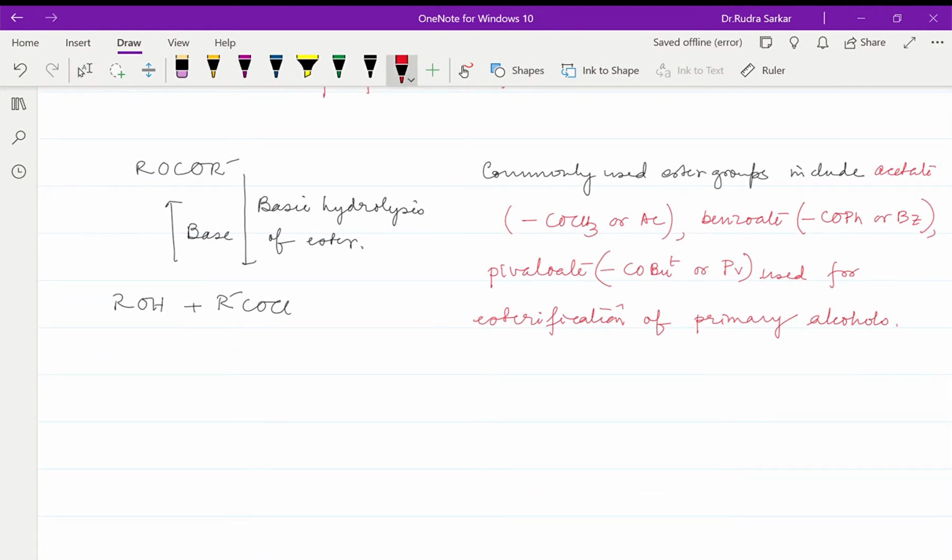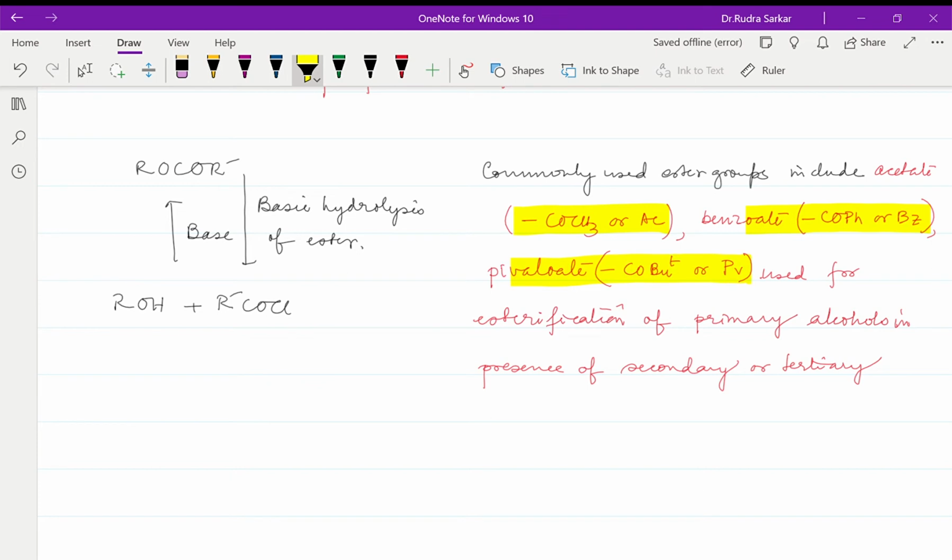And this can also be done in the presence of secondary or tertiary alcohols. So if you have a molecule in which we have a tertiary alcohol and a primary alcohol, one may use these reagents to selectively esterify the primary alcohol, but nothing will happen to the tertiary alcohol.